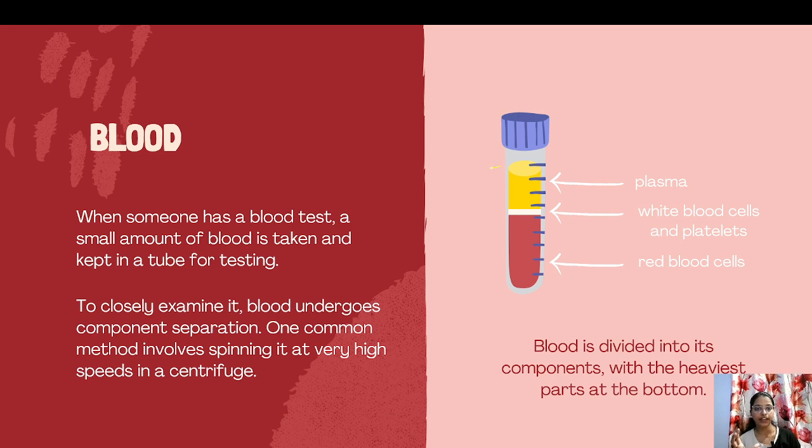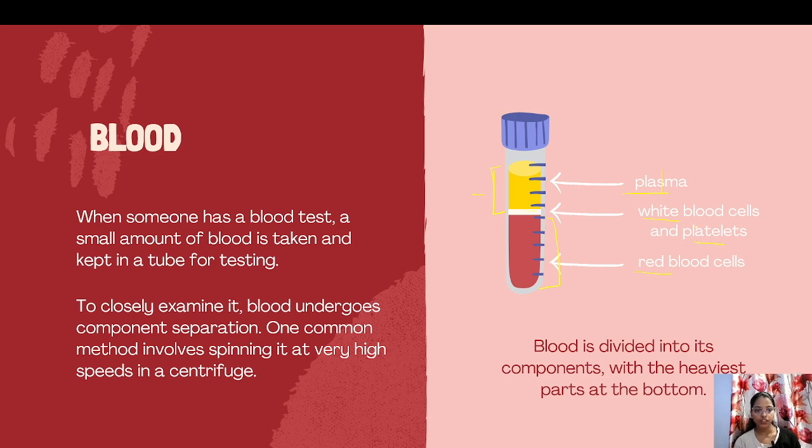You can see in the diagram, the uppermost section is the plasma and the lower section contains the formed elements. The lower red section contains the red blood cells, and the uppermost section, which is the buff or straw color section, is the plasma, and between these two sections there is a white portion. That white portion contains the white blood cells and the platelets.